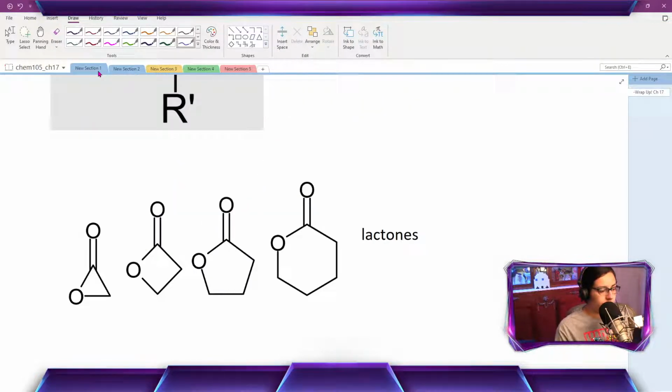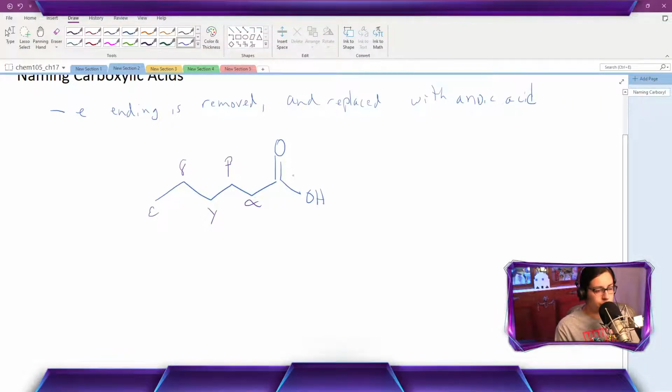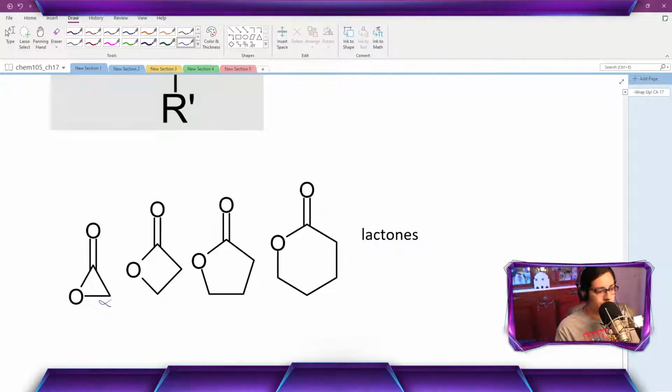So looking at this one, this is our alpha position, right? It's our first position, next to the carbon of our carboxylic acid. So there it is, 1. This is alpha, so the name for this compound is going to be alpha-acetolactone.